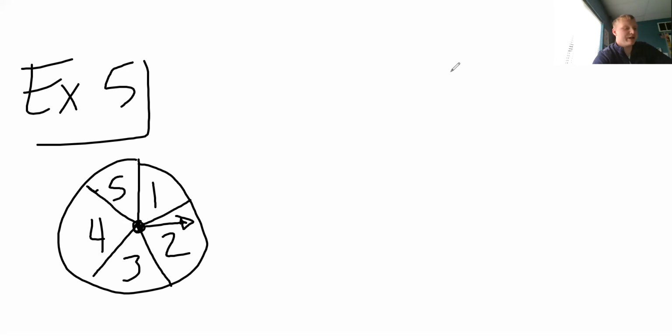So what's the probability of it stopping on the number 3? How'd you get that? So if my little arrow lands on the number 3, it stops right on the number 3.